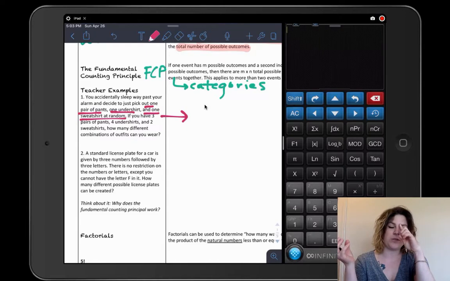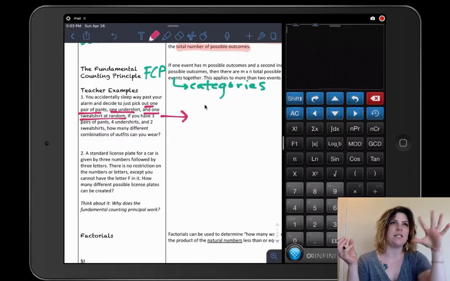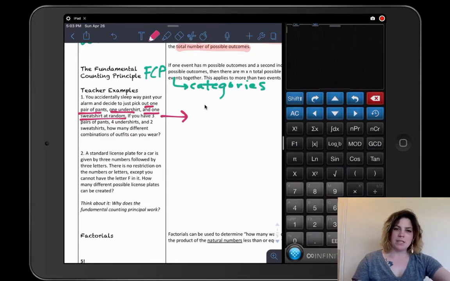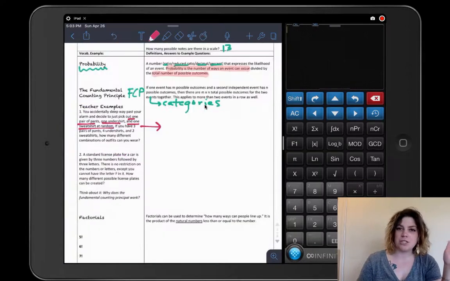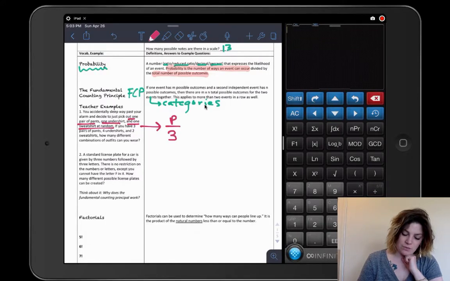So in your head, when you see something like that, you're like, ding, ding, ding, FCP. Here's our setup, our strategy to stay organized. We are going to name our categories and list them in the same order that they're written in the question. So it says we have 3 pairs of pants. So pants is our first category, and we have 3 of those. This is just the label, and then I'm writing how many are underneath.